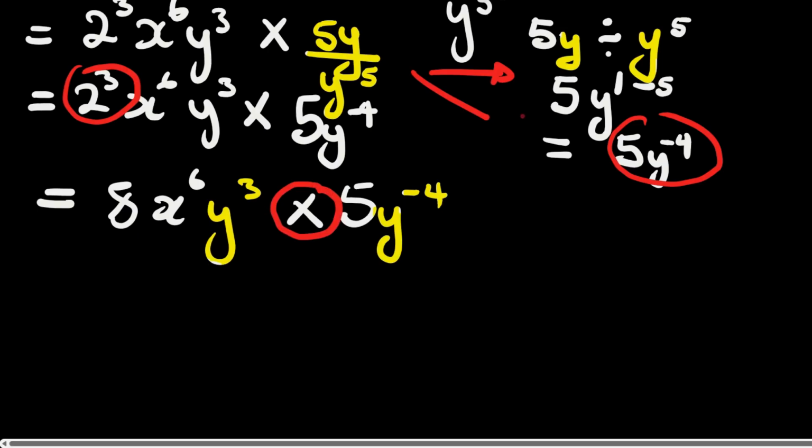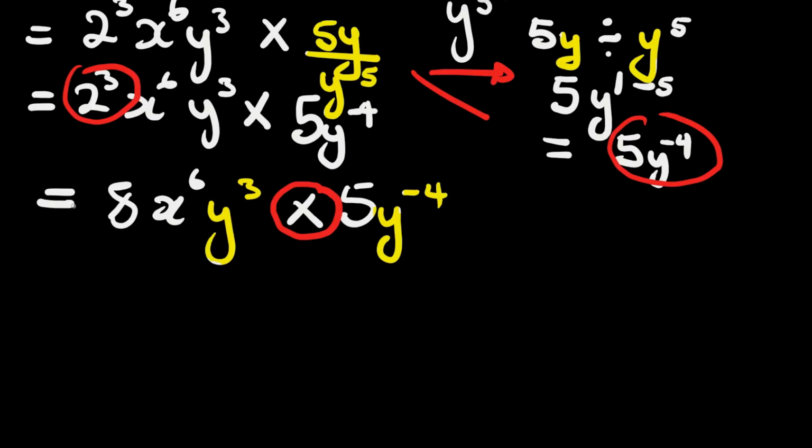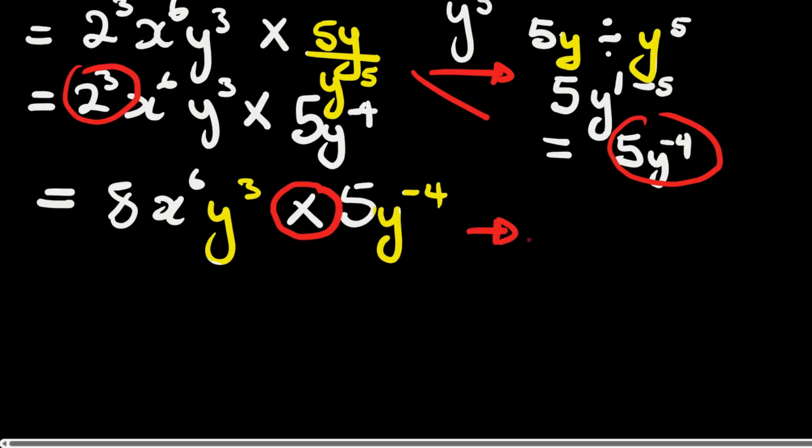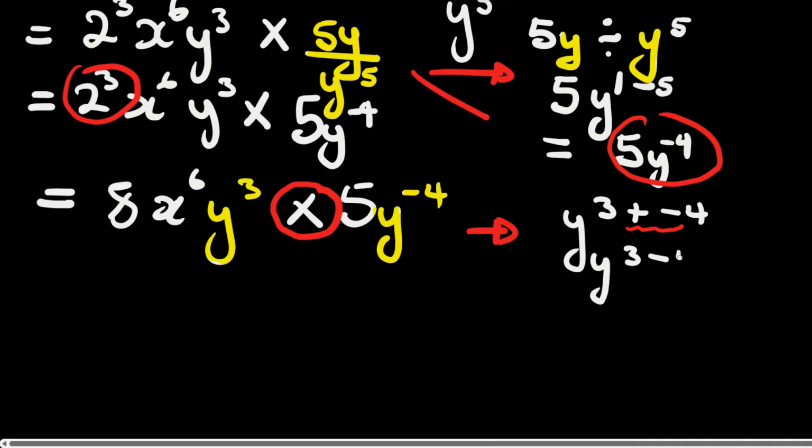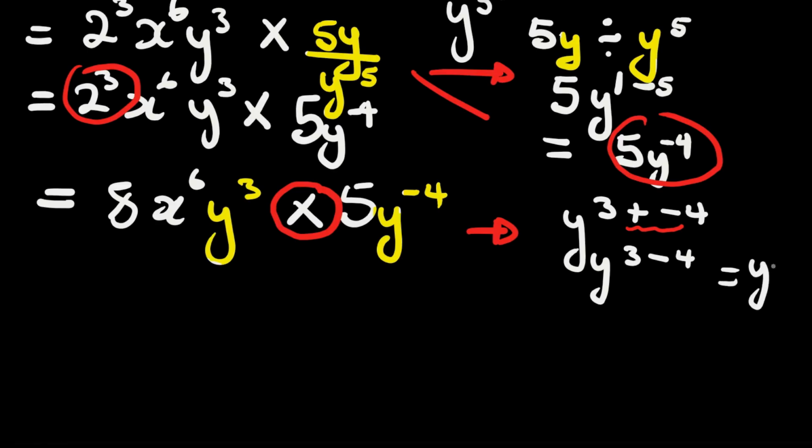So we would have to add the exponents, meaning it would look like this: y to the power 3 plus negative 4. Yes, negative times a positive is negative. So it's y to the power 3 minus 4, which is equal to y to the power negative 1.